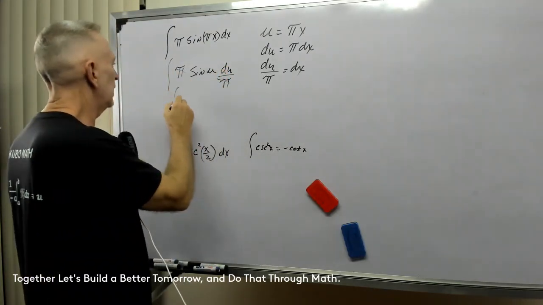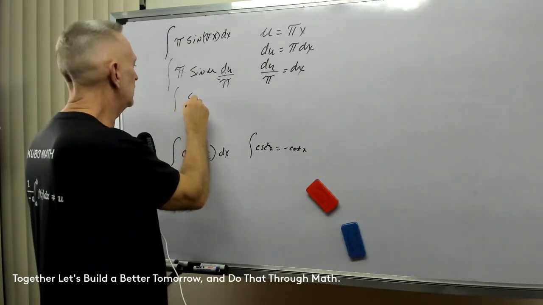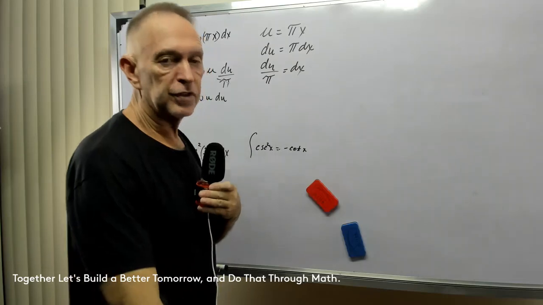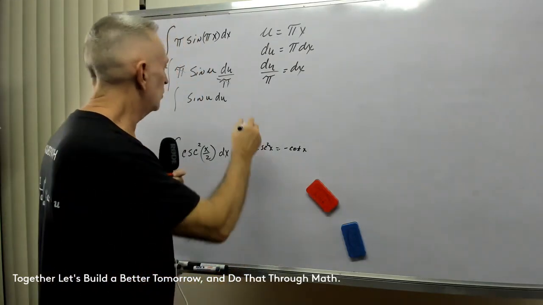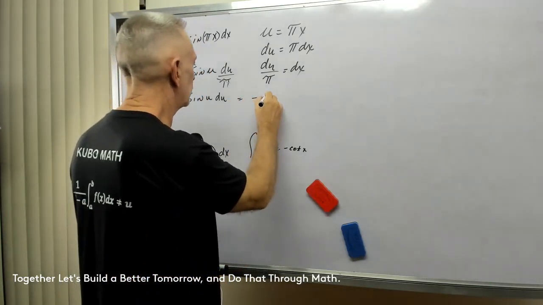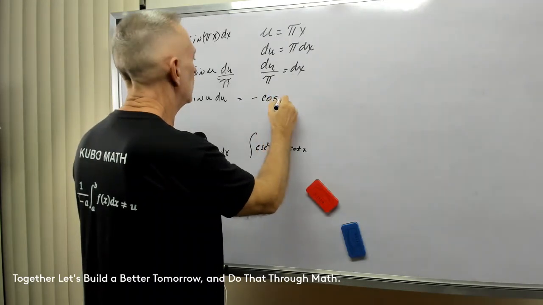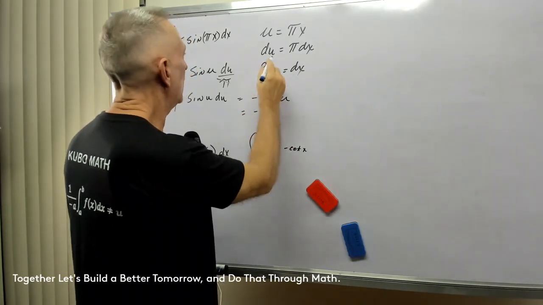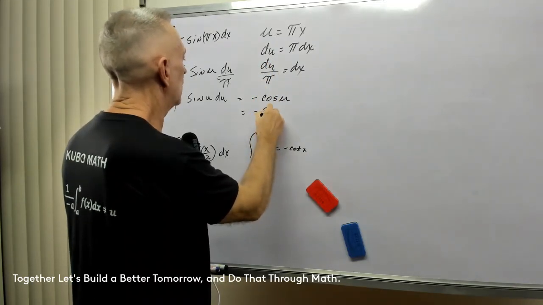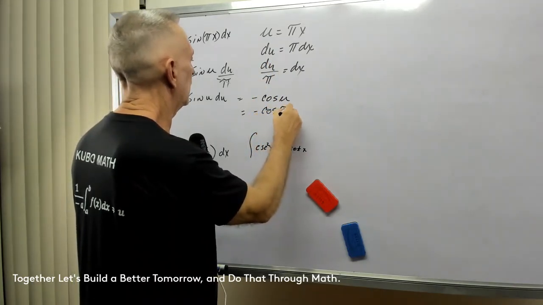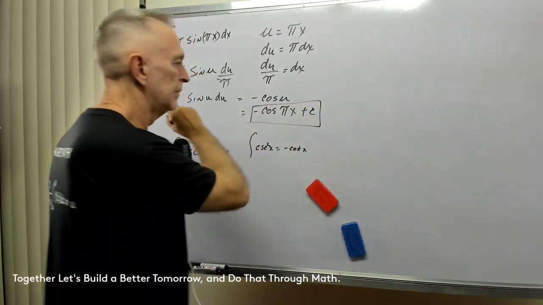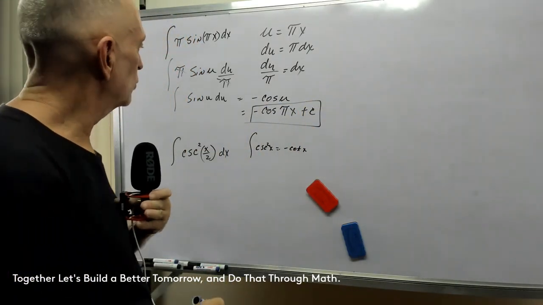We end up with the integral of sine u du. Well, you know the derivative of sine is cosine, so the integral is minus cosine u. And that equals minus cosine pi x plus c. Okay, that would be our first one.